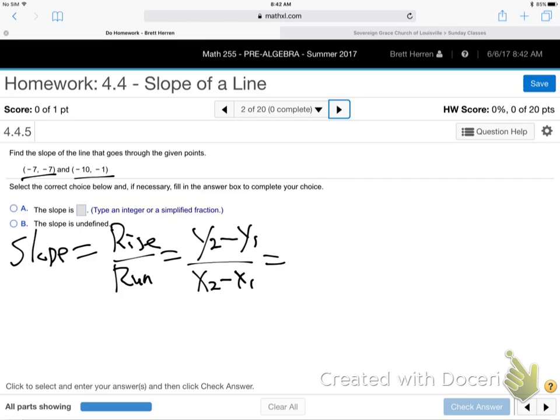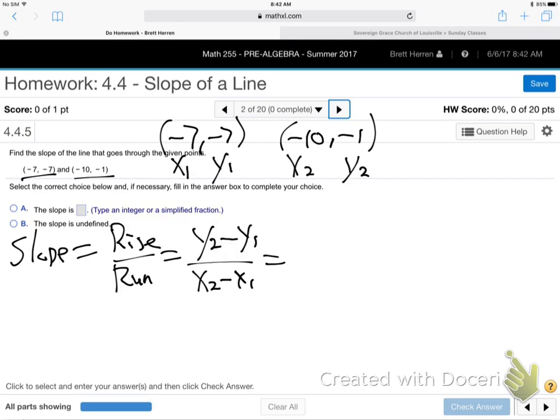And let's take the minus 7, minus 10, 1. This is x1, y1, x2, y2. Good to there? So try. Now watch out. There are subtraction symbols that are part of the formula. That's going to be in addition to any negatives that you plug in. So you get some double negative action, right? And that becomes positive, right? They're throwing a lot of negatives in this one right away.